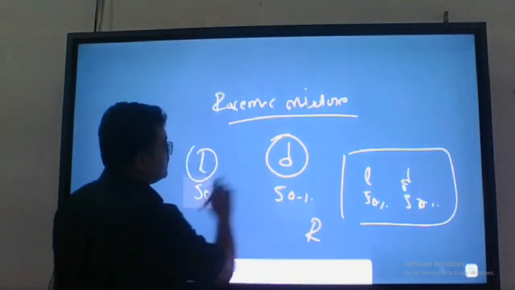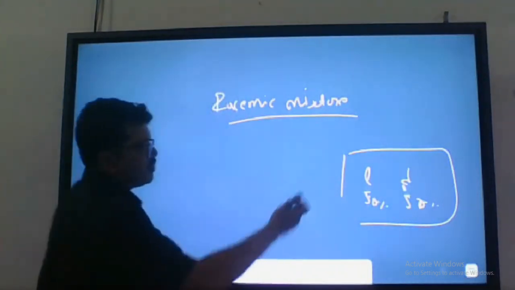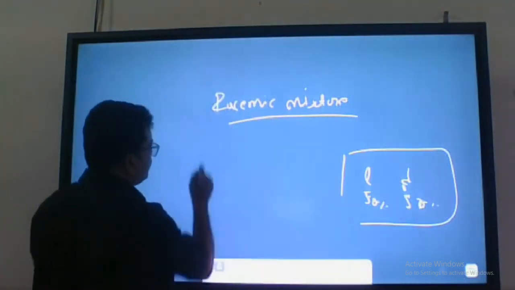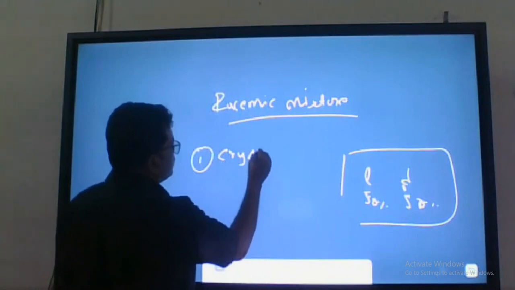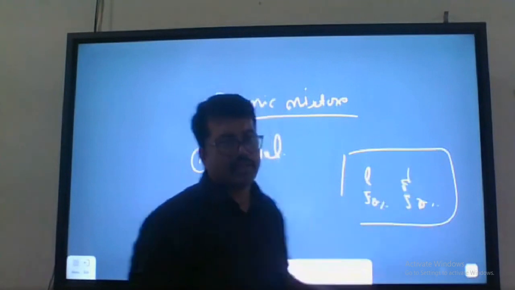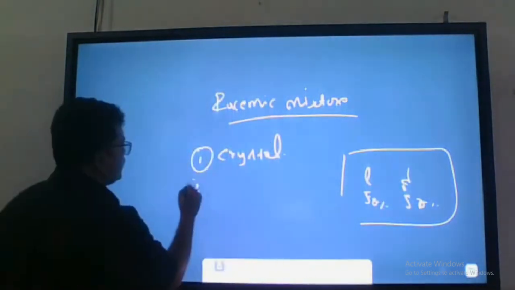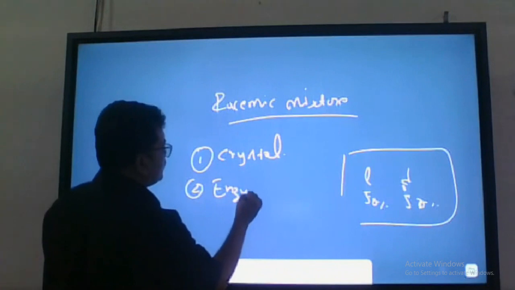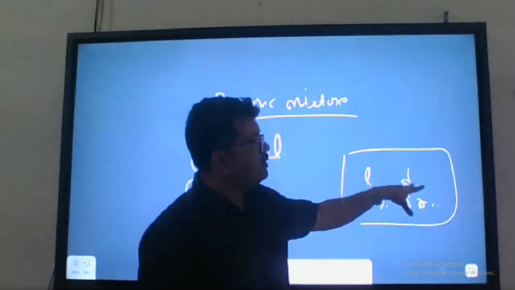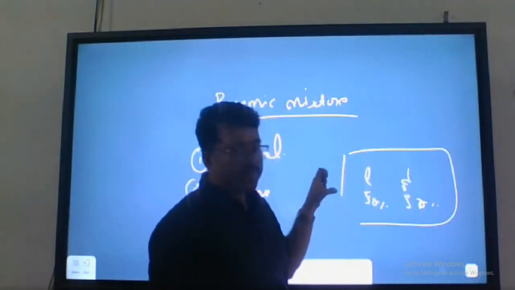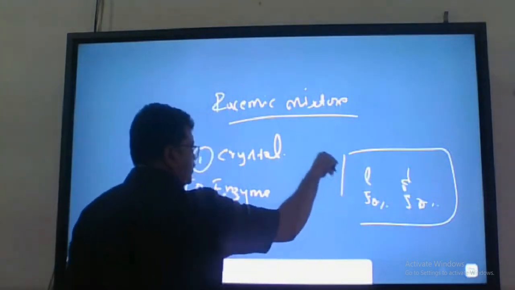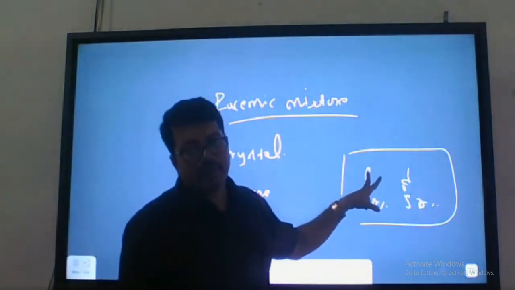How to separate this one? There are many methods for separation. L is 50% and D is 50%, mixed together. How do we separate them? First, by the crystal method: if you develop crystals, L and D take different crystal structures, so you can easily separate them. Second, the enzymatic method. Certain enzymes react only with L, not D. That enzyme separates L, and we can take our D. So the enzymatic method reacts only at a particular site of the L isomer.